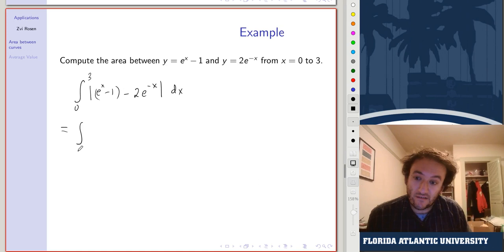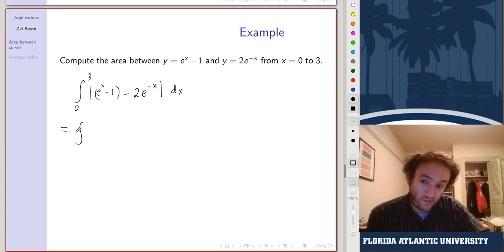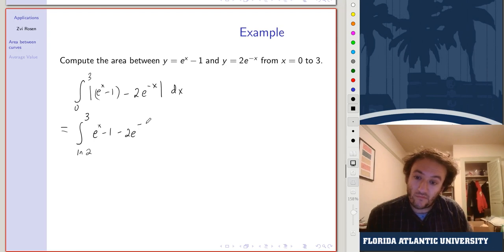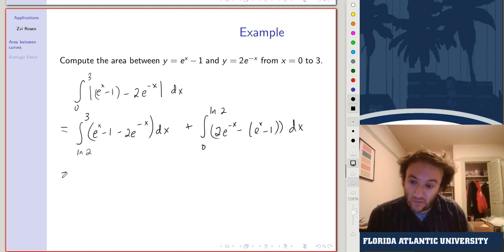So that's, looking back at the previous page, going to be from ln 2 to 3, plus the integral over the interval where the other function is greater. So that's from 0 to ln 2. And we take 2e to the minus x minus e to the x minus 1 dx. Okay, and then we can compute both of these integrals without too much difficulty.